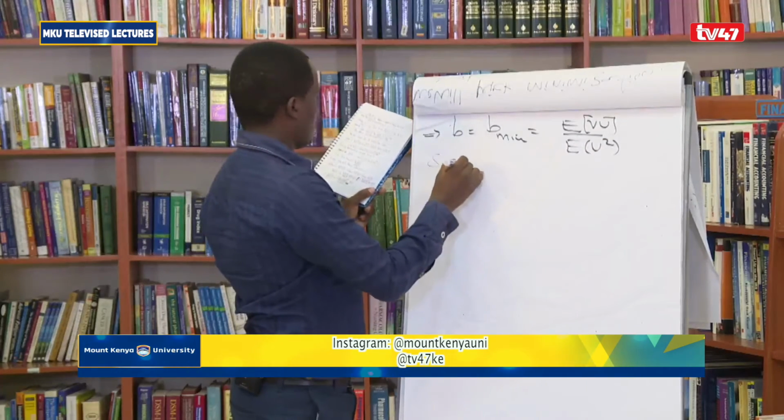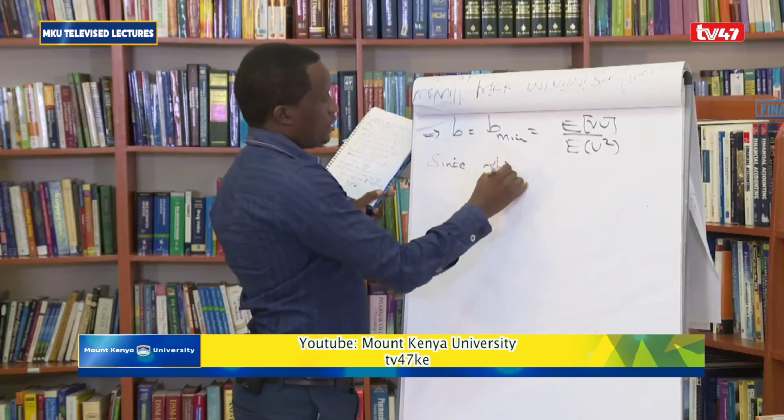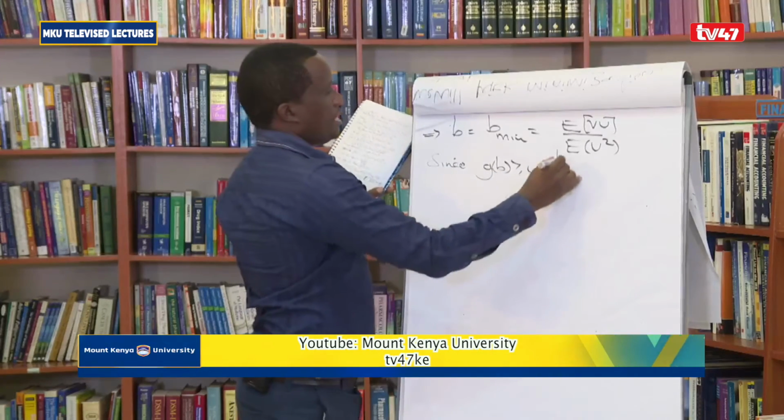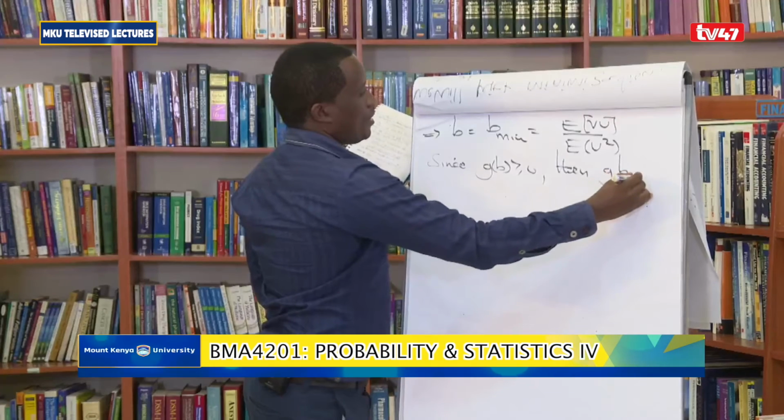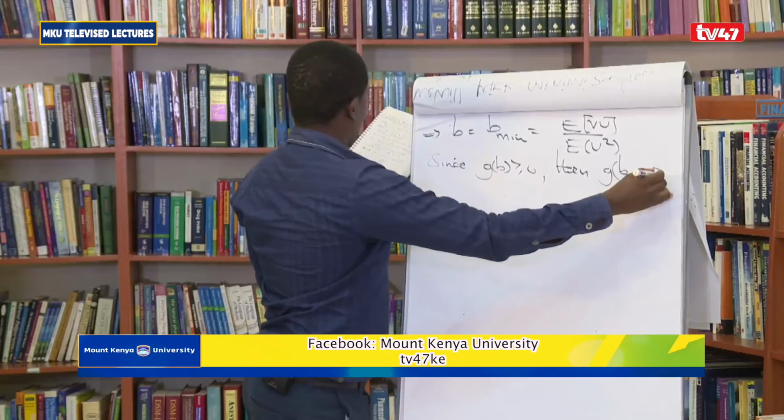Since g of b should be greater than or equal to 0, then g at the minimum value of b should also be greater than or equal to 0.